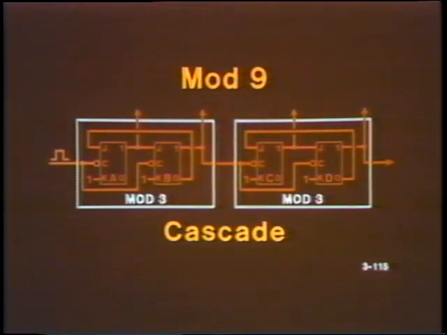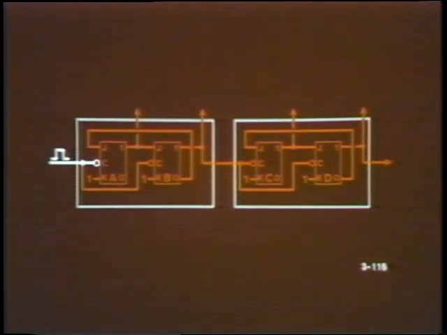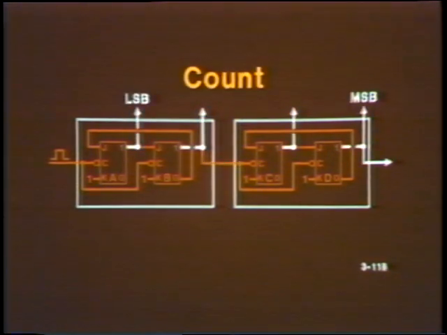The clock input of the first counter is connected to the signal source, whose pulses are to be counted, while the second counter's clock input comes from the most significant bit of the first counter. This count is read as the combined output of the two counters' individual flip-flops. The LSB is represented by the first flip-flop's first output, while the MSB comes from the second counter's highest order output.